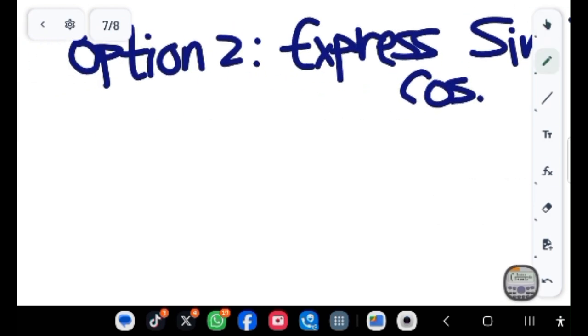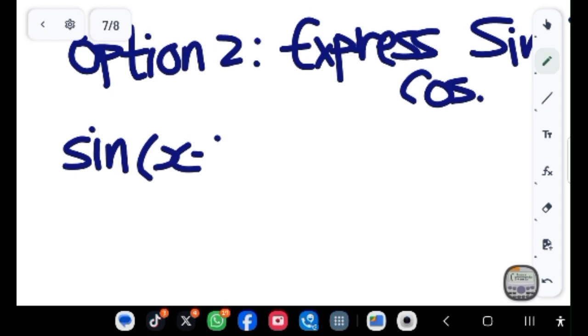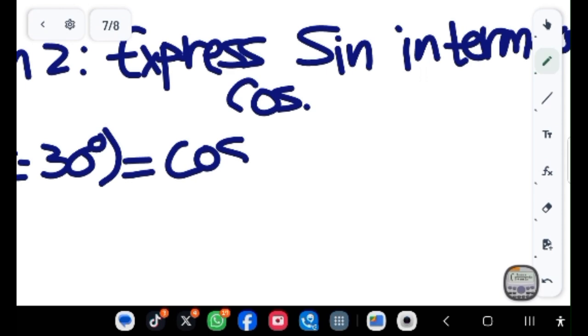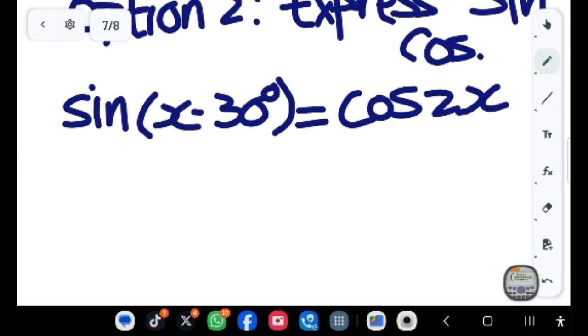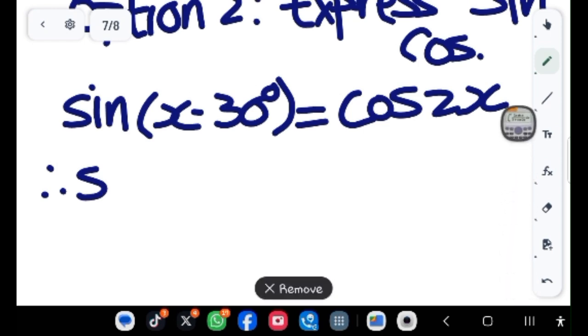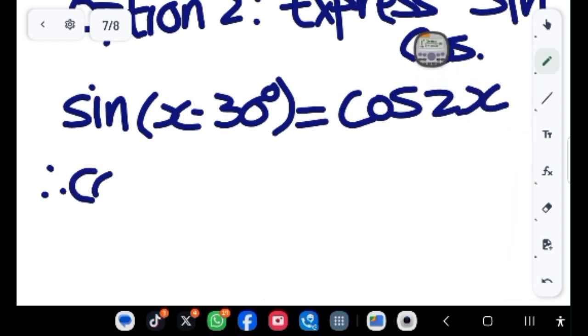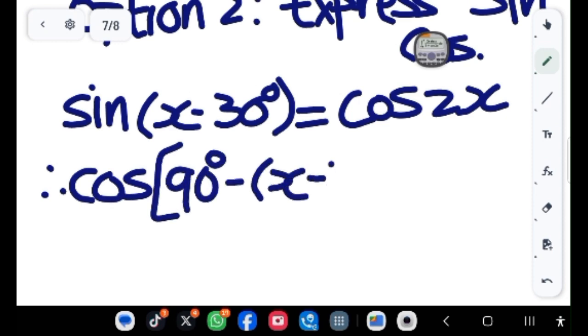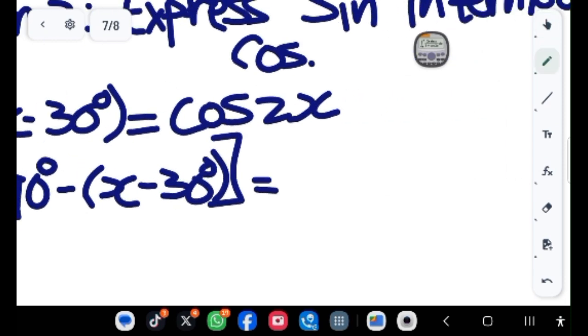On the left hand side, we had sine of x minus 30 degrees equals cos of 2x. So what we do is we express sine in terms of cos, so that will be cos of the cofunction, the cos of 90 degrees minus the angle x minus 30 degrees, equals cos of 2x.